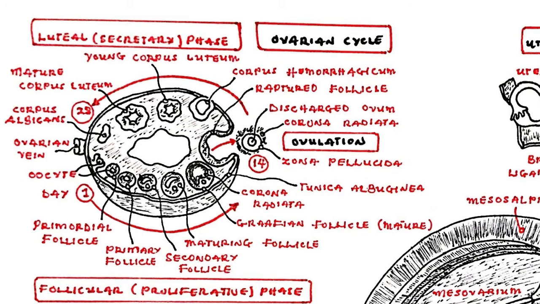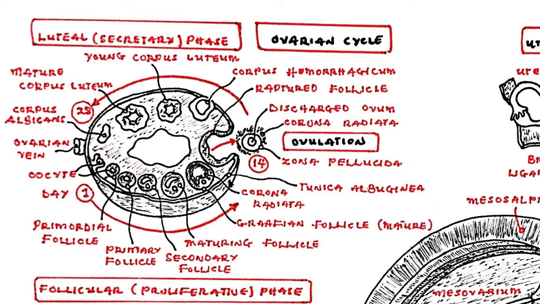Now the antrum is filled with follicular fluid, so it continues to expand at the expense of follicle cells, which are pushed away from the oocyte except for the single layer of cells known as the mature or Graafian follicle. Those cells secrete estrogen during the follicular or proliferation phase of the reproductive cycle.